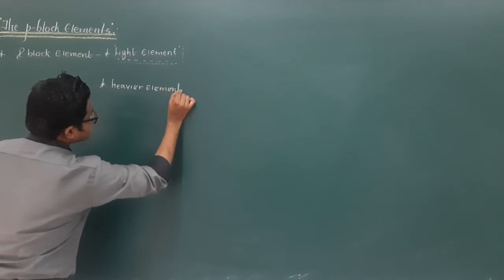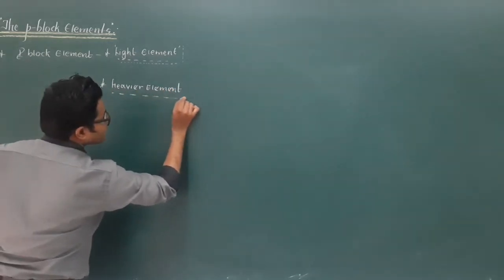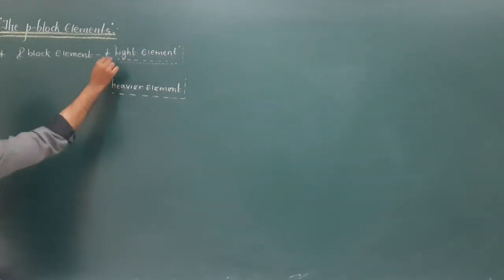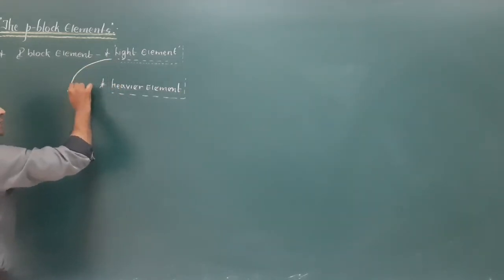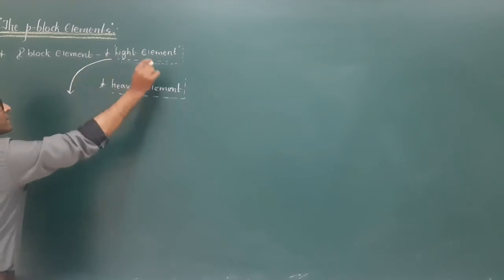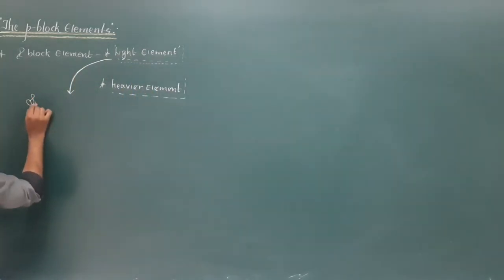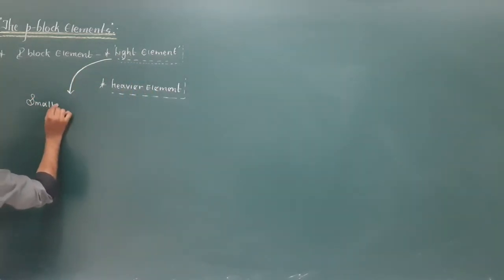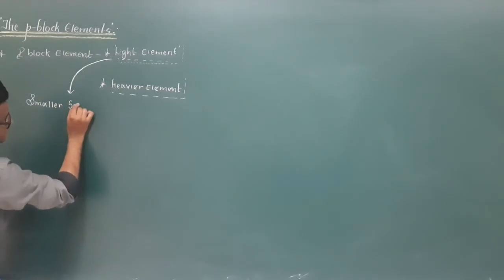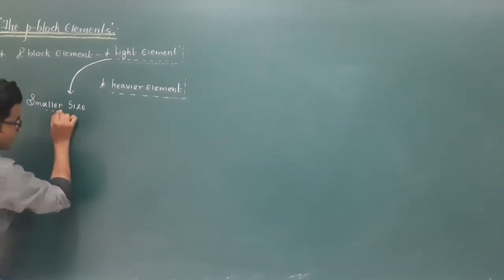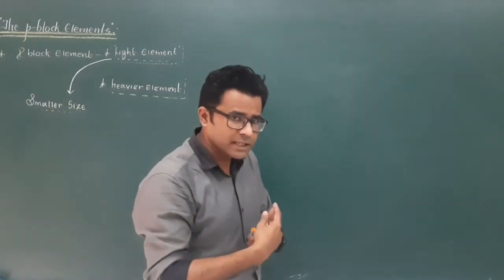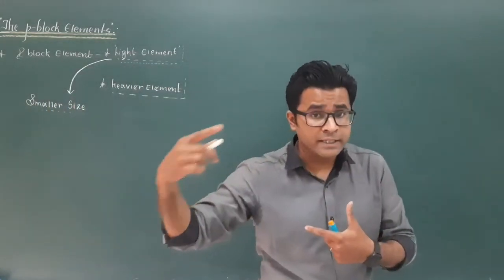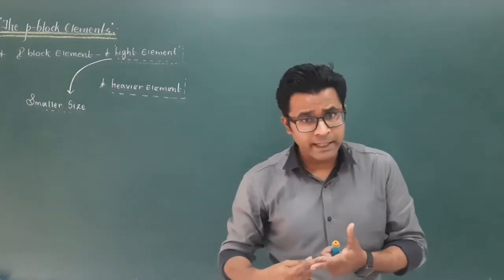Now, why does this happen? When we observe the lighter elements, the first thing we notice is the presence of smaller size. Due to the smaller size, there is a direct effect on the ionization enthalpy and on the electronegativity.